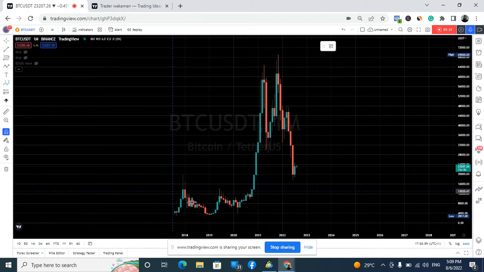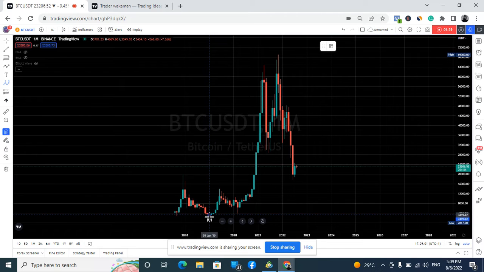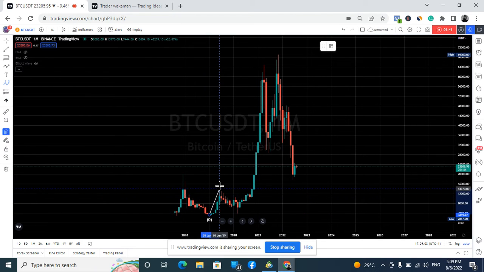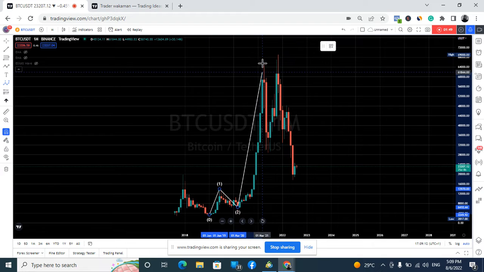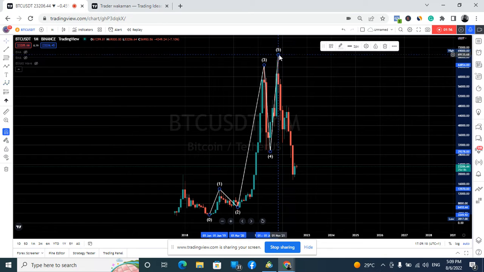This movement shows as if this is wave one and two, and this is wave three and four, and wave five.